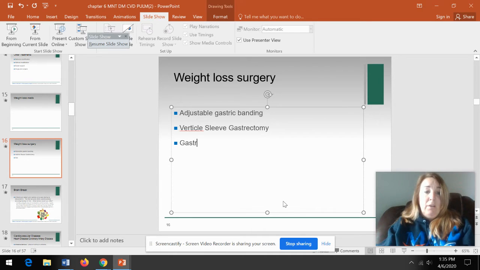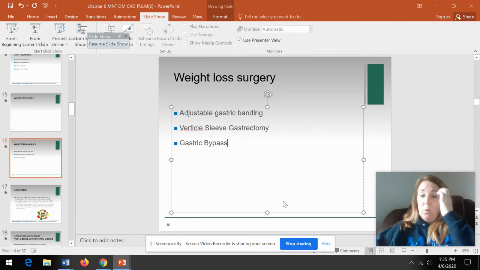And then we have gastric bypass, which most of us are familiar with. That's where they're taking the small intestine and rerouting it to the very top portion of the stomach, and they're limiting the size of the stomach, just like in the adjustable gastric banding procedure.